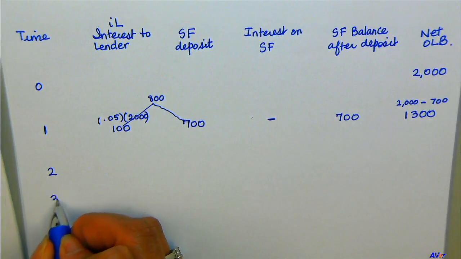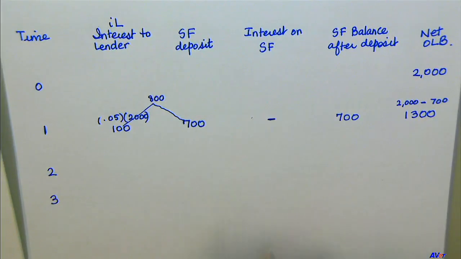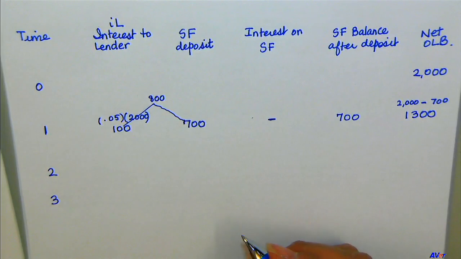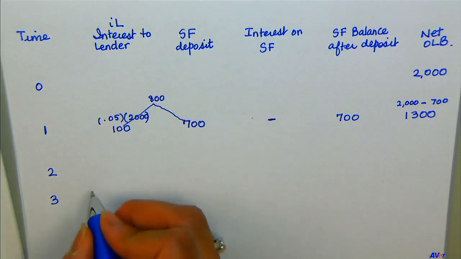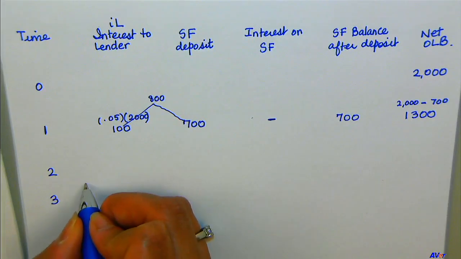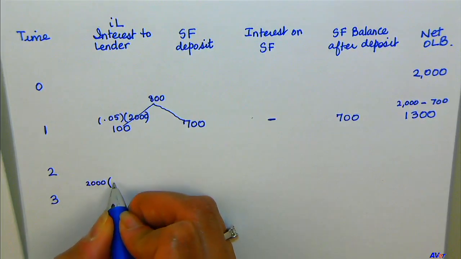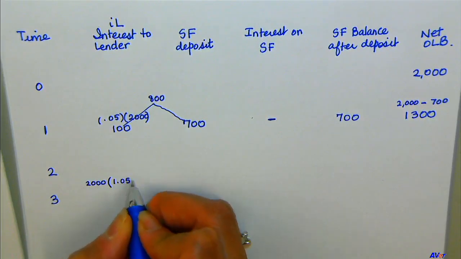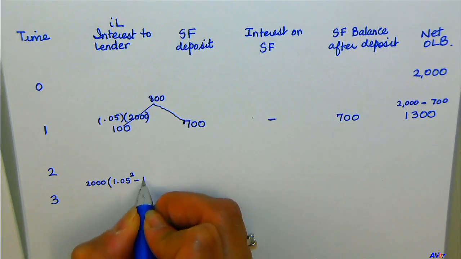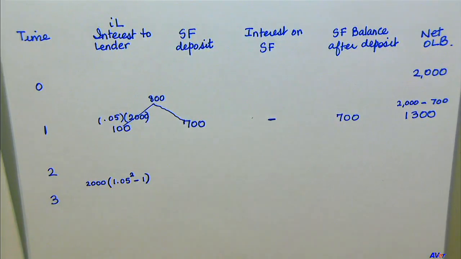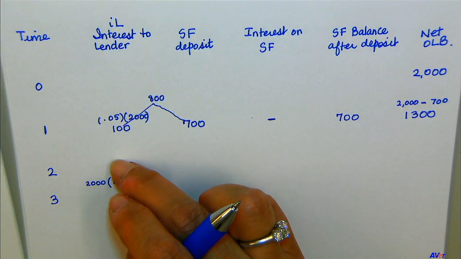Time 3. They told me that a payment of $1,000 is made at time 3. But before I can do that, I have to pay mom, I times L, right? So let's figure out this I times L. This would be $2,000 times 1.05 squared minus 1. This is 2-year interest, right? So nothing happened the previous year. I never gave her anything.